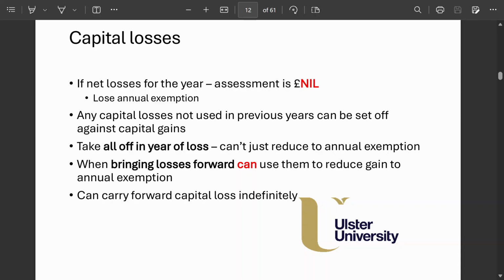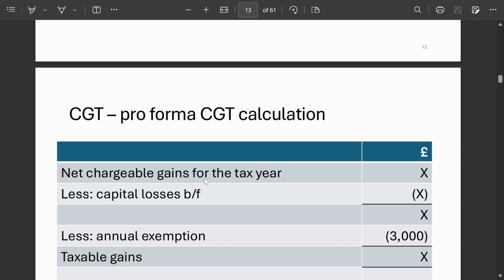But if it's a brought forward loss, then you can reduce it to the annual exemption. You can use part of that loss. This is an important idea here: in the year of the loss, you can't take part losses. You have to take the whole loss. But if it's a carried forward loss, then you can take part losses. And you can carry it forward indefinitely.